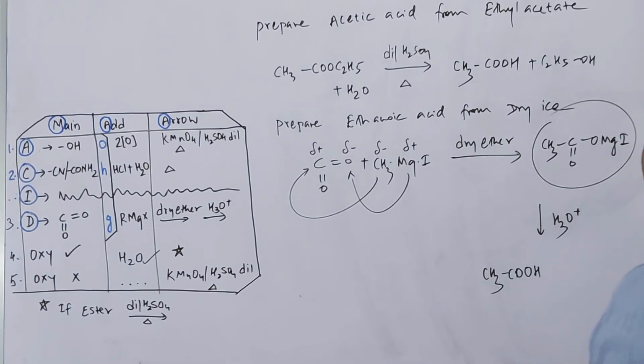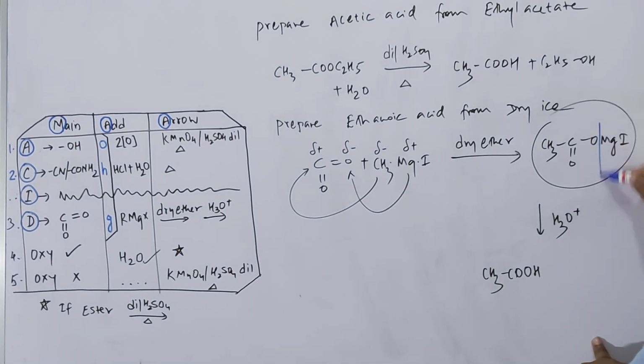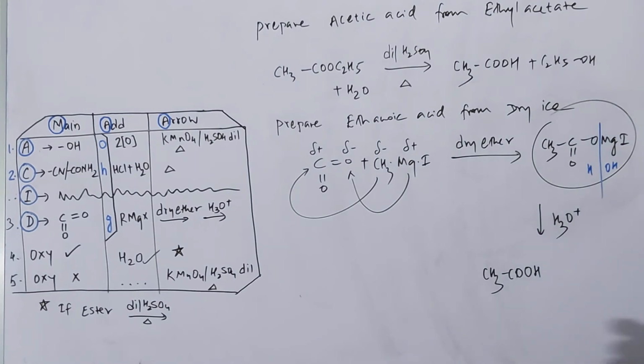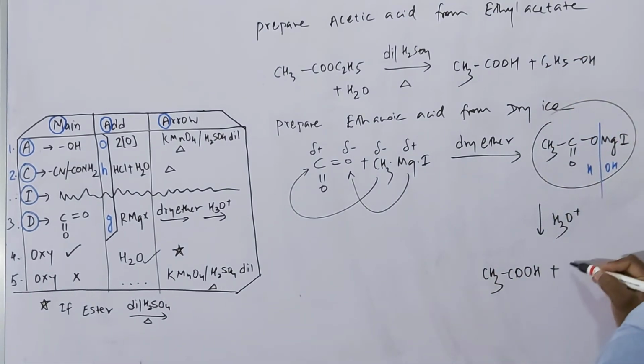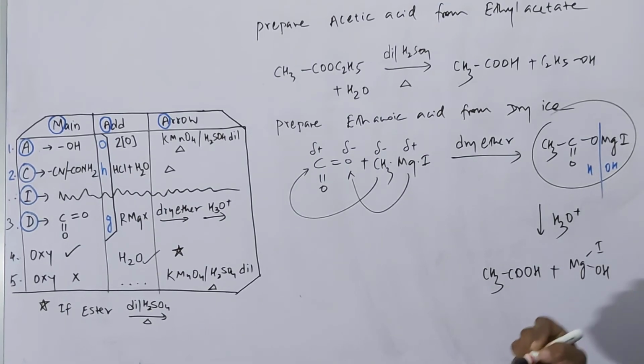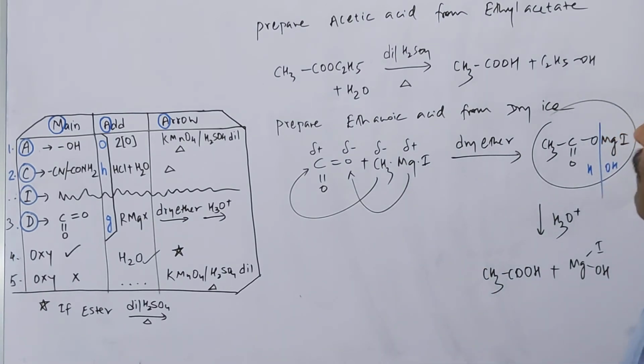Now finally acid hydrolysis, for that we'll write H and OH. The byproduct we get is magnesium with iodine and this OH. So this answer is to prepare acid from dry ice.